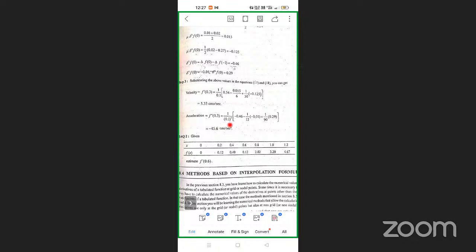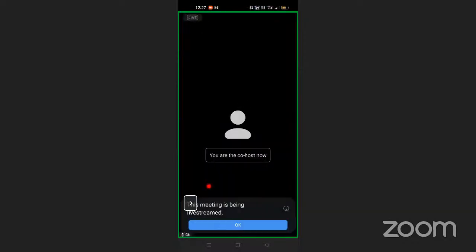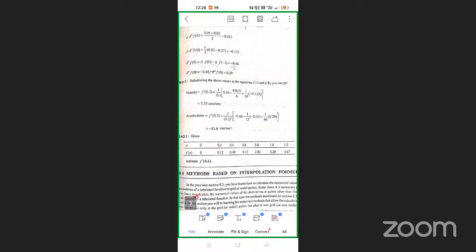So 1 by h square is nothing but 1 by 0.1 whole square. Next, delta square minus delta power 4 by 12 plus delta power 6 by 90. So this is the acceleration. A is equal to minus 45.6 centimeter per second square. So this is the acceleration form.